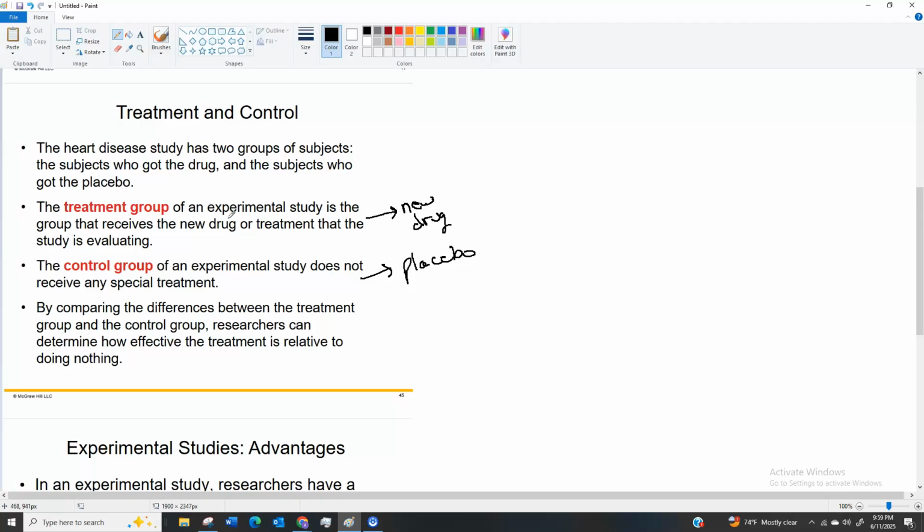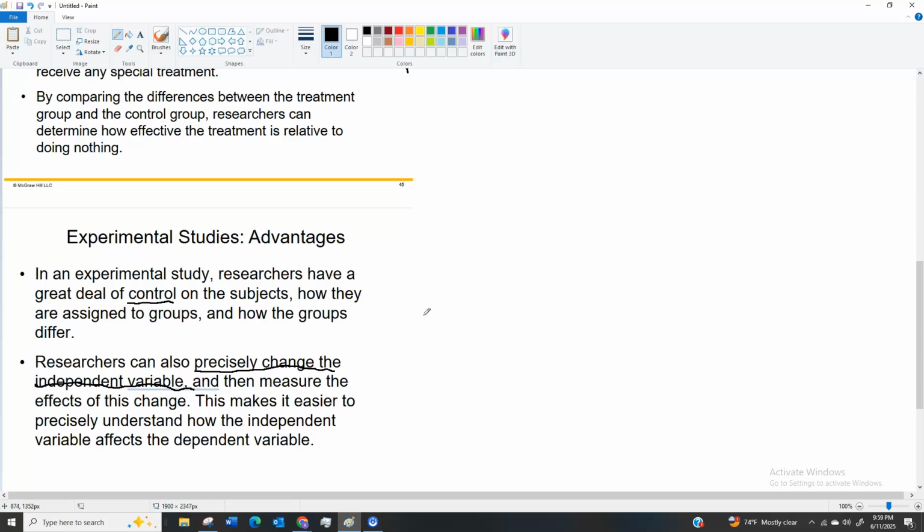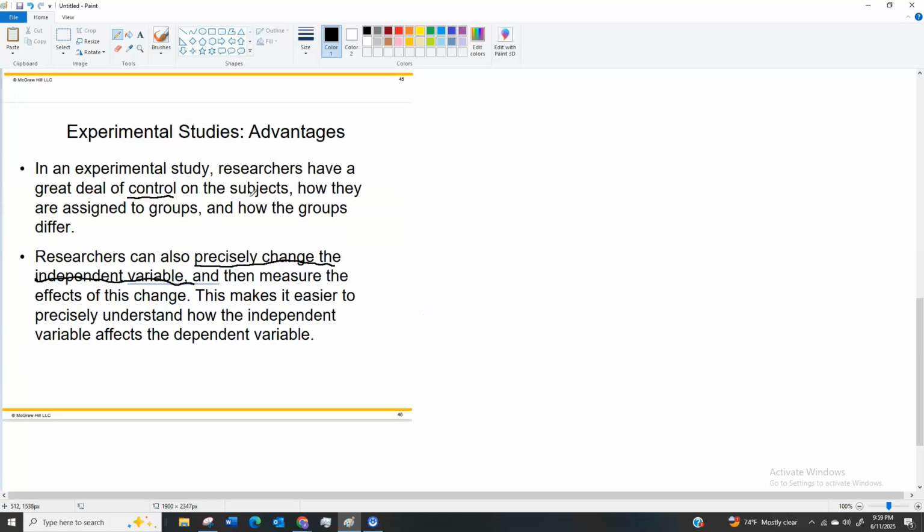And so you could have more than one treatment group and then just have your one control group. But the researcher has a lot of control over what they can do with that independent variable to see what the effects are. And so it makes it easier for them to understand how this independent variable is affecting that dependent variable.